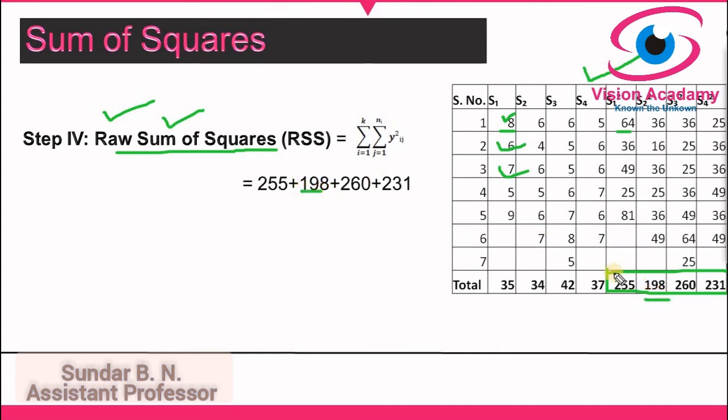Here I have added, and 260 is the third school. 231 is the fourth school. So when we add all these 4 together, we got a raw sum of squares of 944.